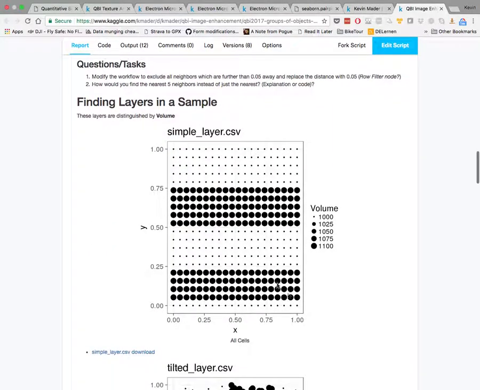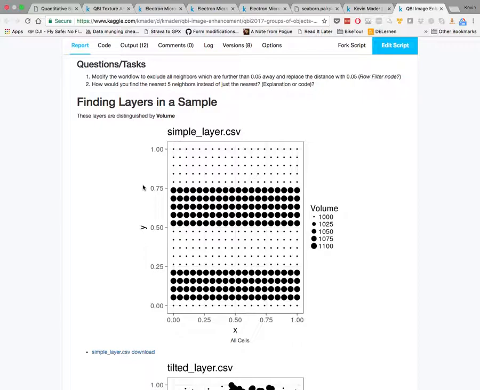Similarly with finding layers in a sample. If you have a sample, you look at this, it's very clear where those layers are. No one would doubt for a second that there's a layered structure there. But that doesn't mean it's trivial to find those layers automatically.